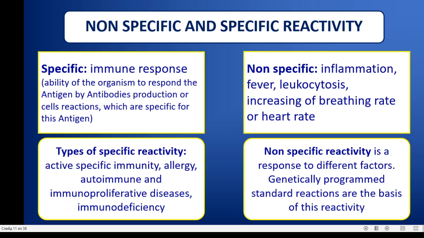Non-specific: there are inflammation, fever, leukocytosis, increasing of breathing rate or heart rate. Non-specific reactivity is a response to different factors. Genetically programmed standard reactions are the basis of the reactivity.